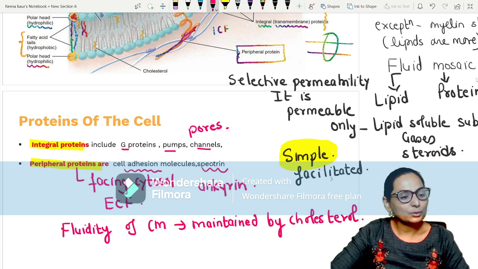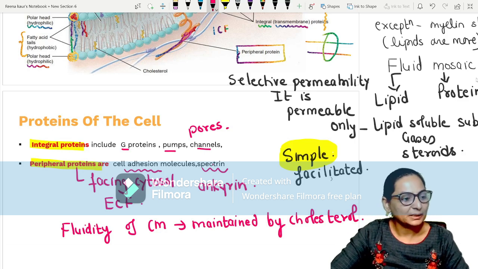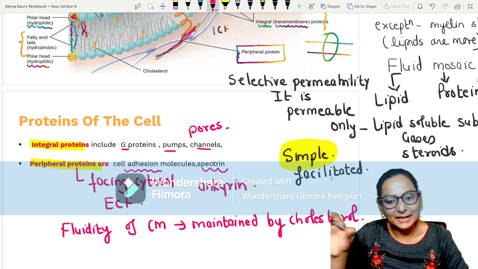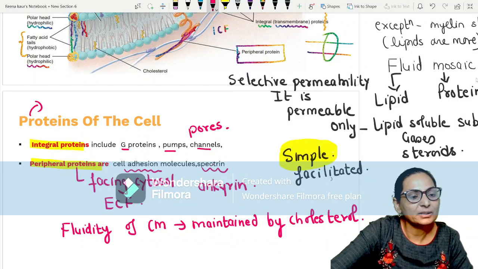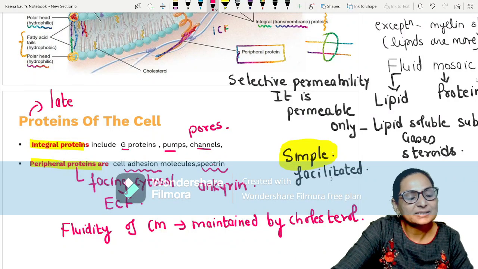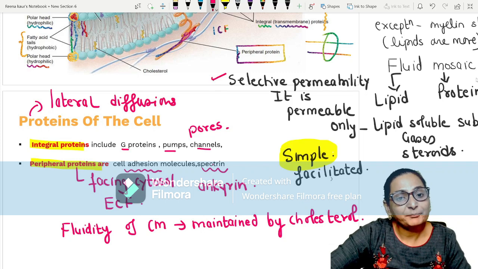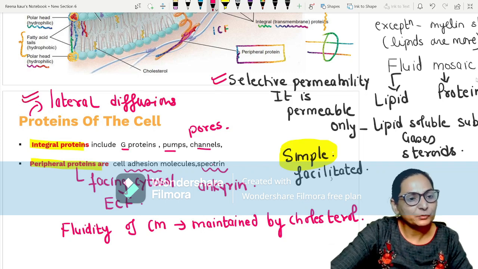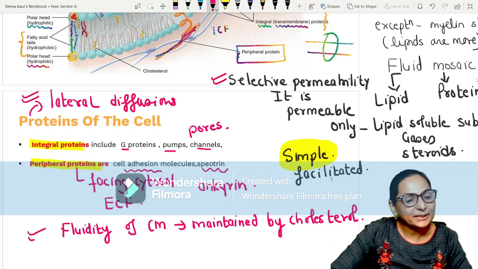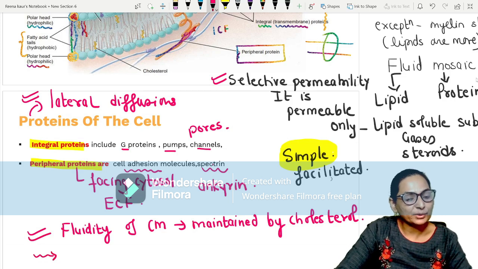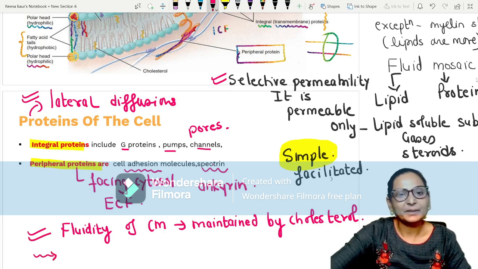It's very important to maintain the fluidity of the membrane, because all the enzymatic reactions and the transport occur, because the proteins also show lateral diffusion. So one important feature of the proteins is lateral diffusion. Selective permeability, lateral diffusion of proteins, and fluidity of the membrane are important properties of the cell membrane.